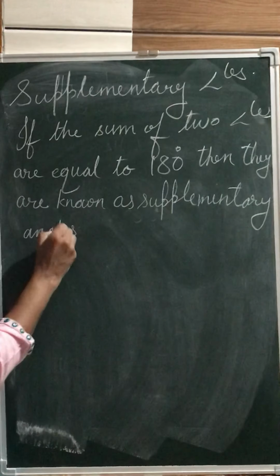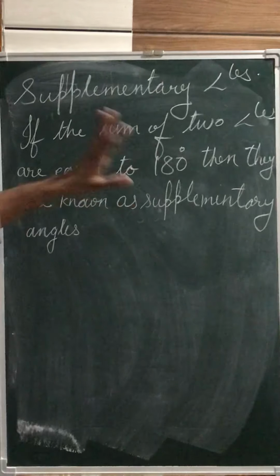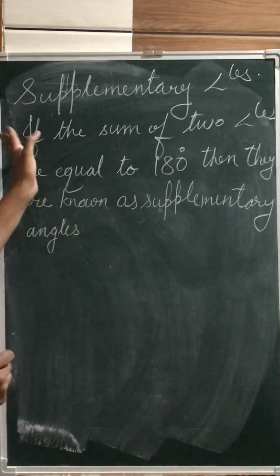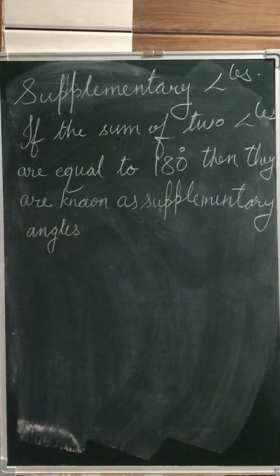Okay, complementary means sum equal to 90 degree. Supplementary means sum equal to 180 degree.